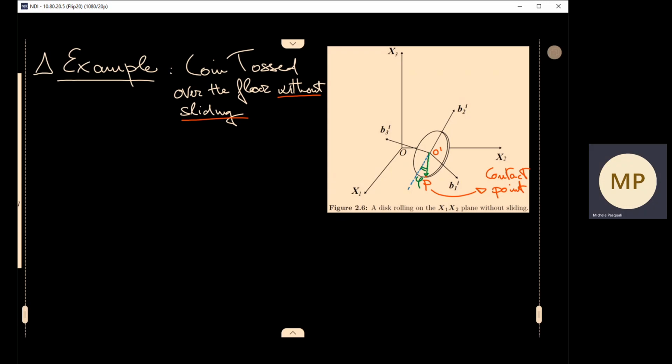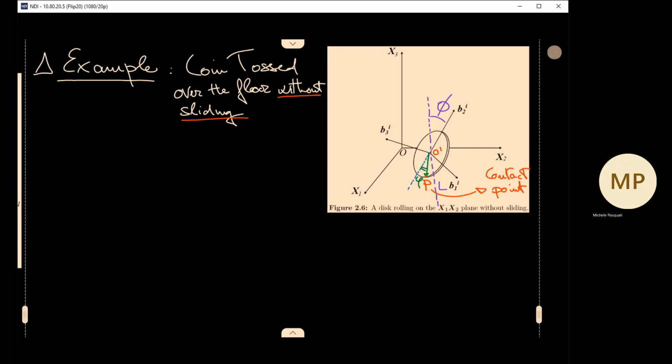And then we have another angle, please do not confuse it, between the axis B2 and the vertical, the normal, and we call this angle capital phi.